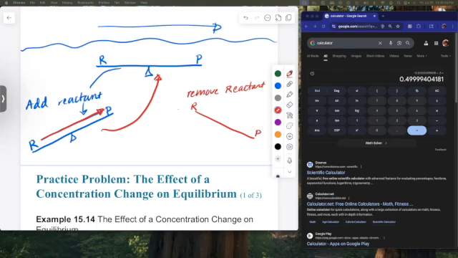So to get the reaction back to equilibrium, you reverse the reaction, shift it to the left. This results in the reaction getting back to equilibrium. You add reactant, it shifts away from the excess. You remove the reactant, it shifts towards the lesser part.